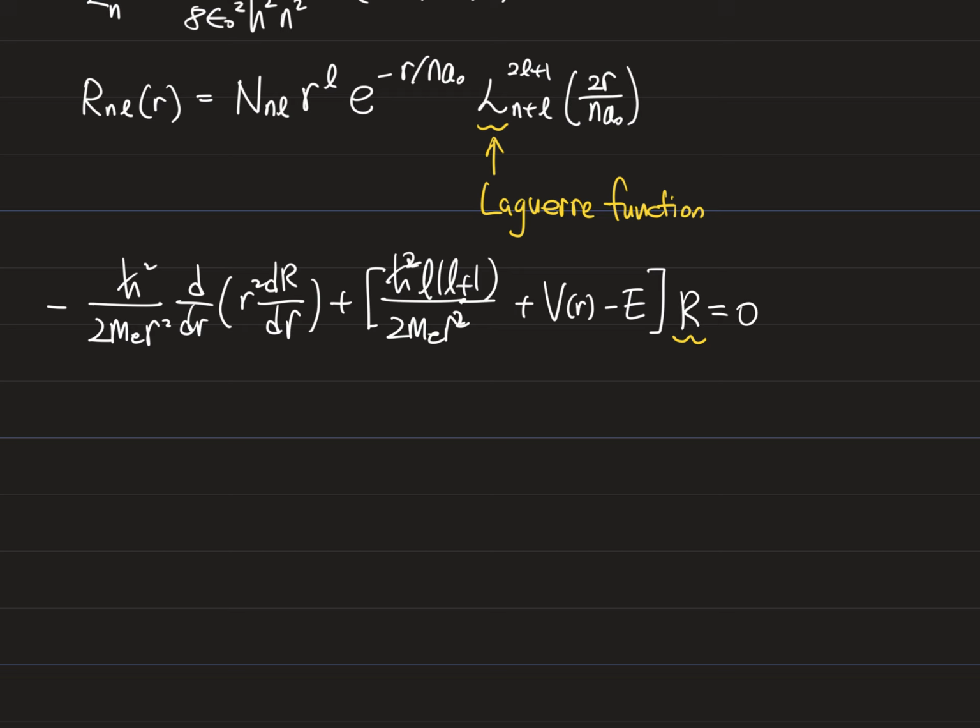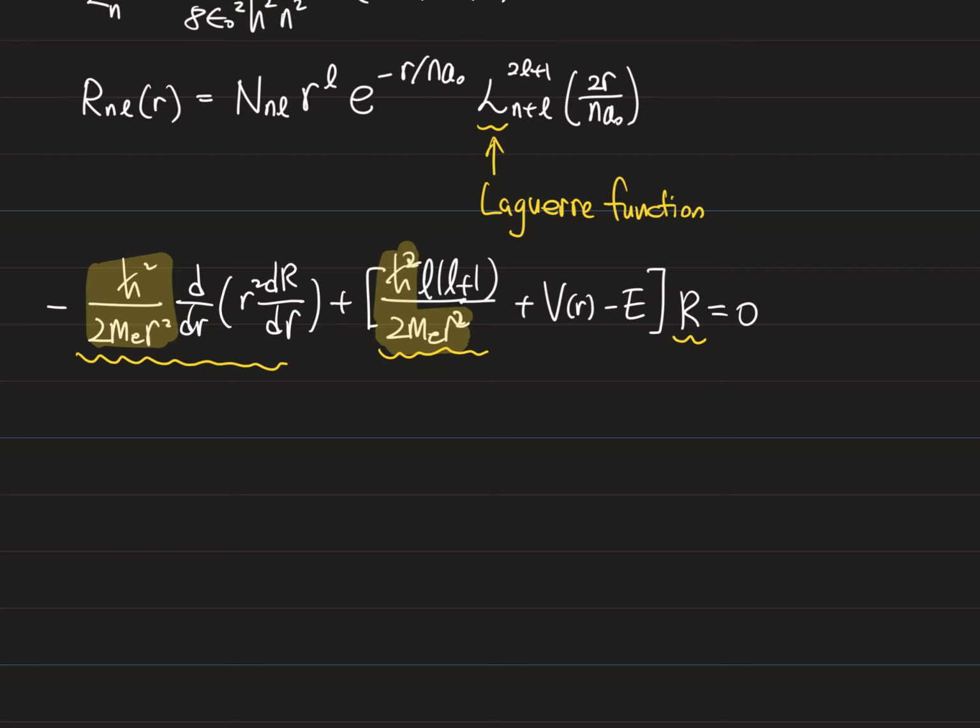If you combine the first term and the first term in the square bracket, they share some common parts, ħ² divided by 2mr², and this makes the equation cleaner.